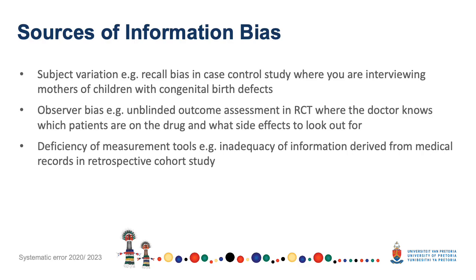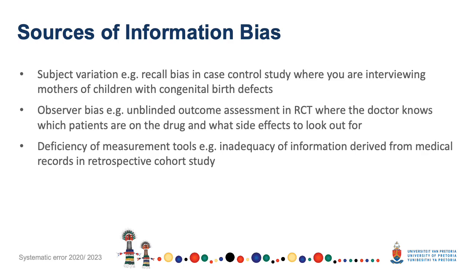For example, you might be questioning women about their obstetric history, and it's been shown that women who come from very poor and deprived environments may suffer many miscarriages over a lifetime and actually may not remember how many times they have had a miscarriage. You could also have observer bias. For example, in a randomized trial, it may be unblinded and the researcher may want to show a particular result or overlook certain side effects, and that can also lead to bias.